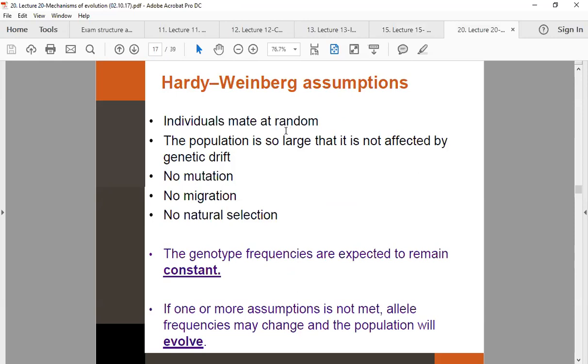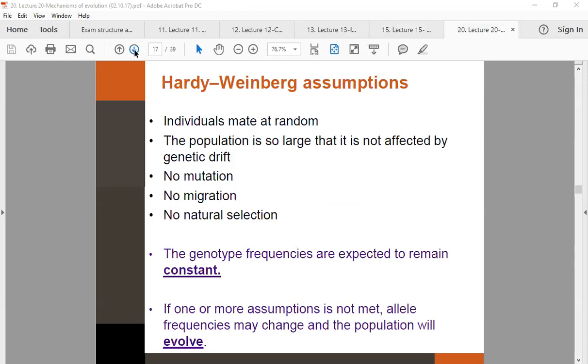So remember, individuals mate at random, the population is so large it's not affected by genetic drift, there's no mutation occurring, no migration, and no natural selection. And remember that any deviations from these assumptions, that is, if one or more of these assumptions is not met, then allele frequencies may change and the population is said to evolve.